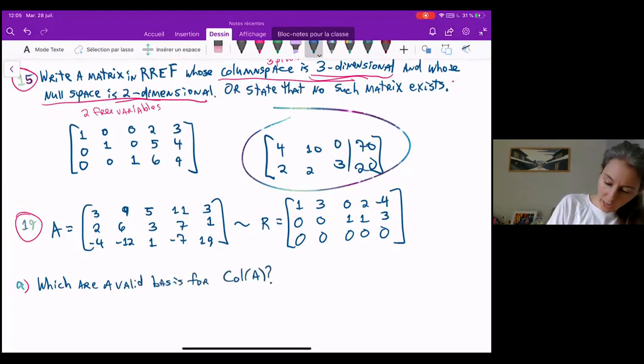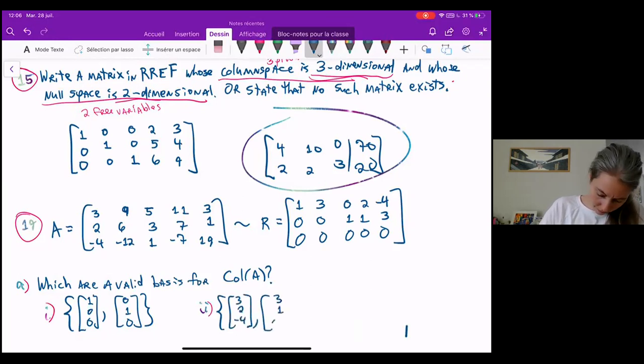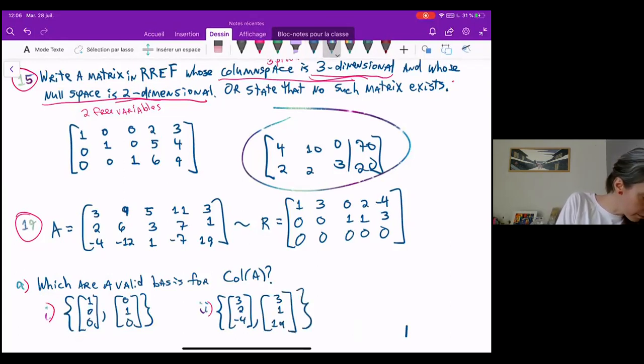And the first set that we have is, and we'll just go set by set here.